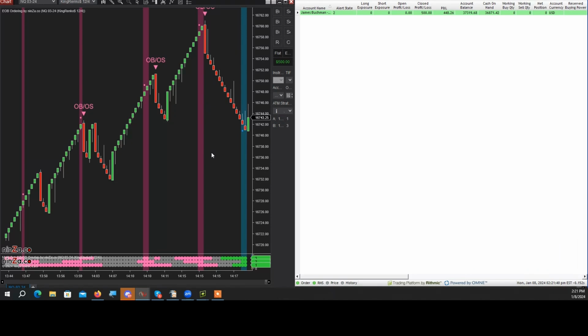The setup again is the overbought, oversold oscillator that gives the signal, EOB ordering, which is a terrific tool to help us enter and manage trades, and of course the King Renko bar, which is a very unique Renko bar in that you can actually backtest with it, and it's not an irregular bar. It opens where it opens, it closes where it closes. So it's a terrific bar to work with, and works terrifically with this setup.